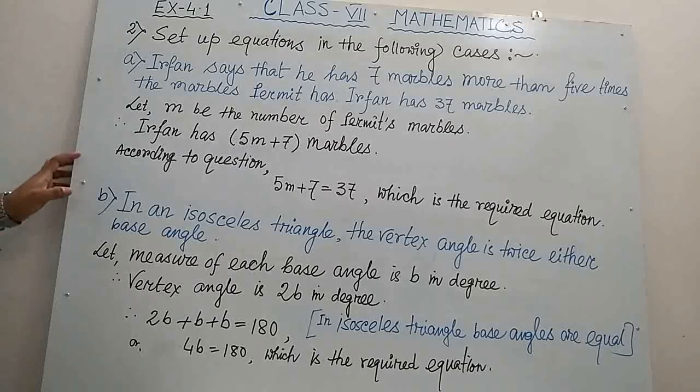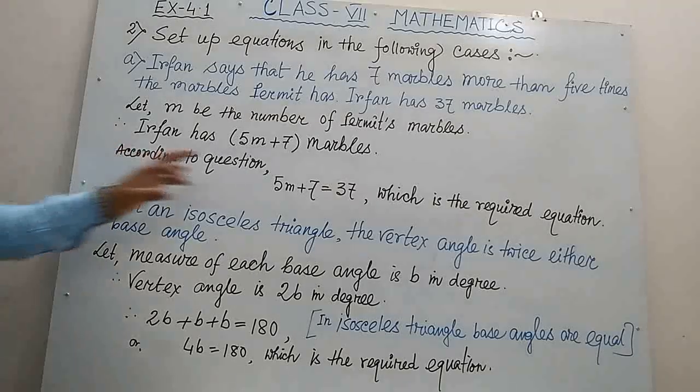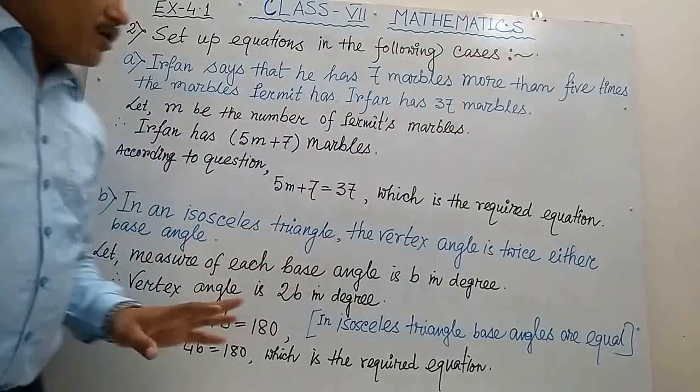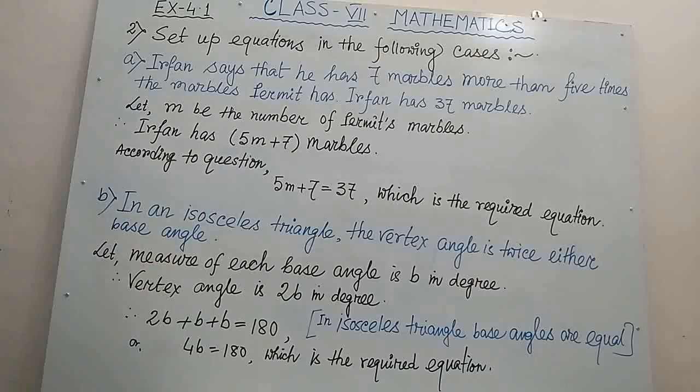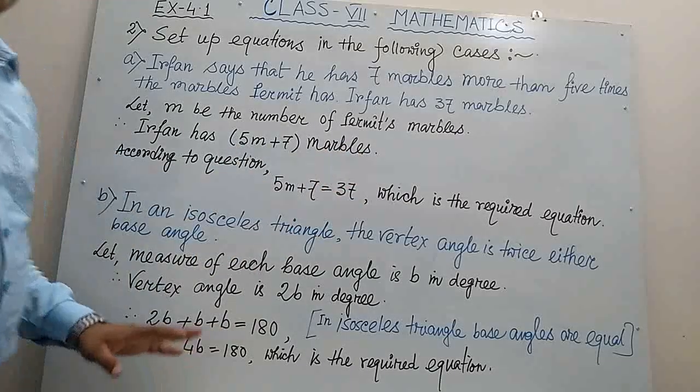Now according to the question, Irfan has 37 marbles. So 5m plus 7 equals 37, which is the required equation.